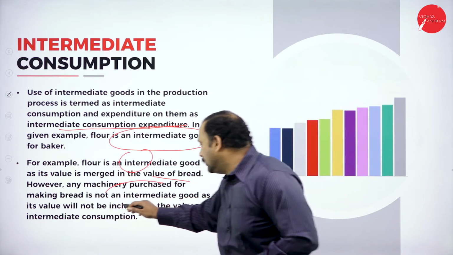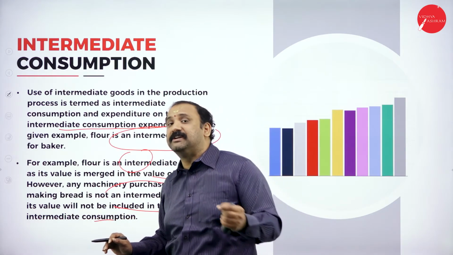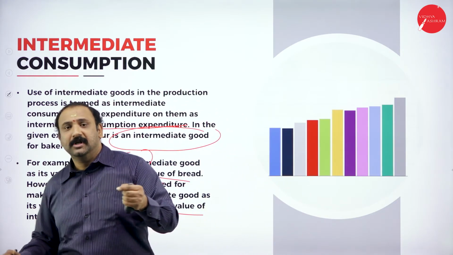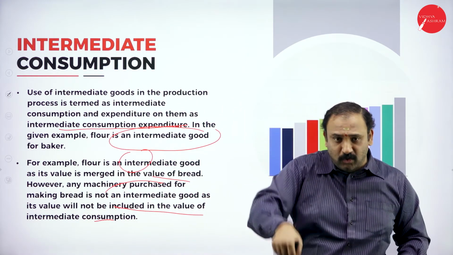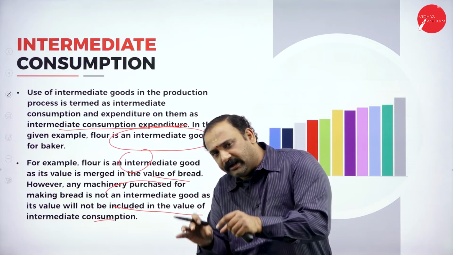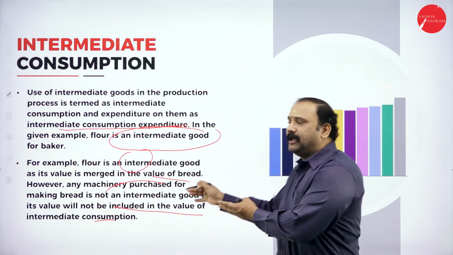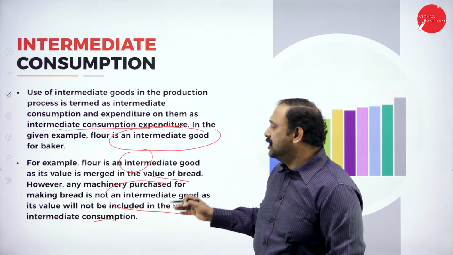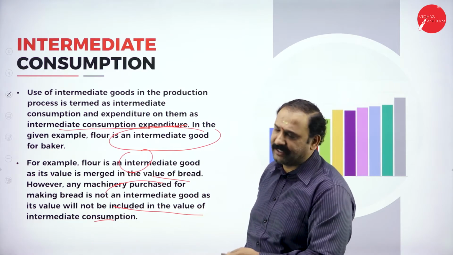The value will not be included in the value of intermediate consumption because machinery is not going to be consumed. Machinery is only utilized in making that bread. What is consumed here is the flour, which is converted into bread. So what we are looking at is the conversion of one intermediate good into the final good.